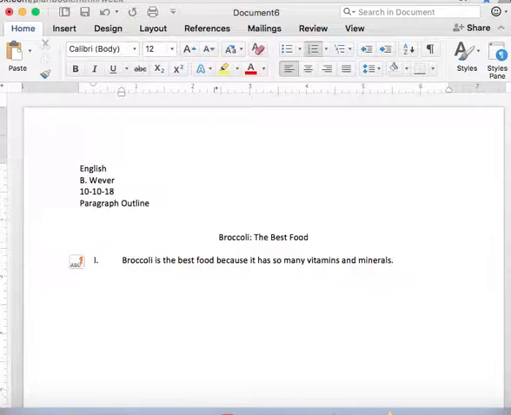Now the next thing you need to do is press your return key or your enter key, skip down, and your program may do this right here. That's okay. If it does that, then press the backspace key to delete that and just leave your cursor where it is. Now you're going to write a capital letter A, put a period, put a space, and you're going to write your first fact.